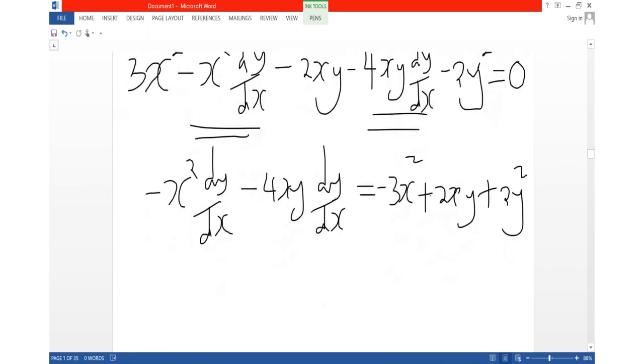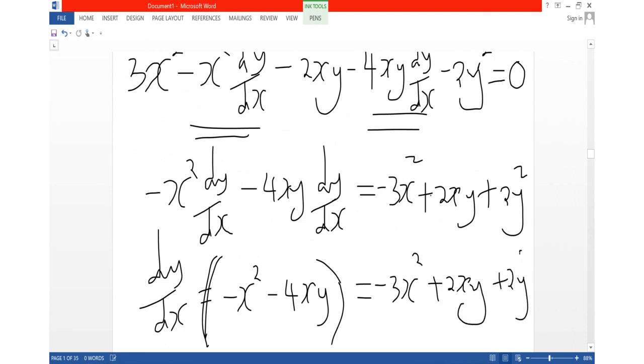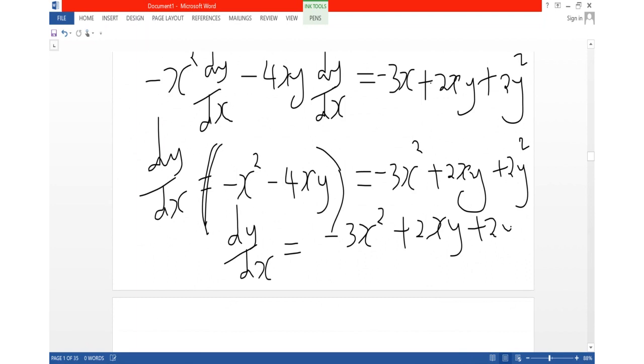I factorize the dy dx. Brackets negative x squared minus 4xy. It will be the same as what we have here: negative 3x squared plus 2xy plus 2y squared. Now I make dy dx the subject of the formula, so dy all over dx will be given by negative 3x squared plus 2xy plus 2y squared all over negative x squared minus 4xy.